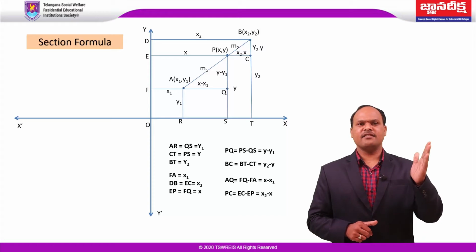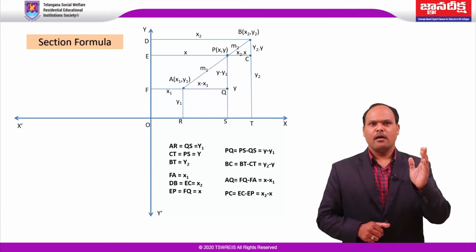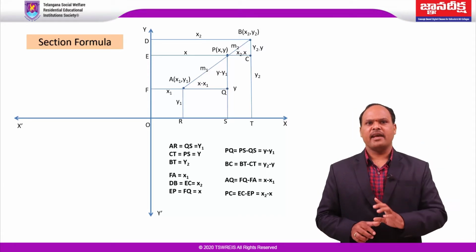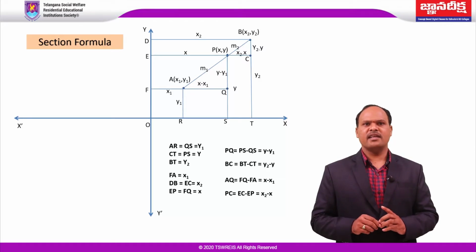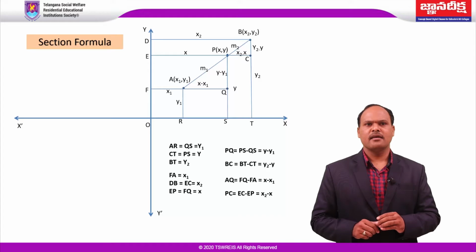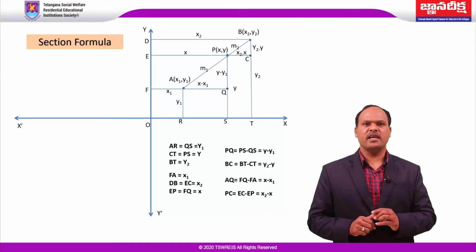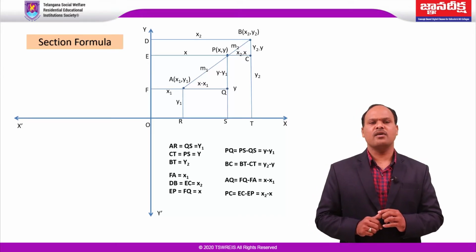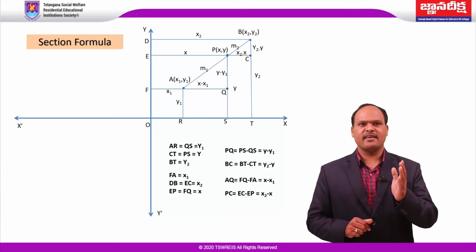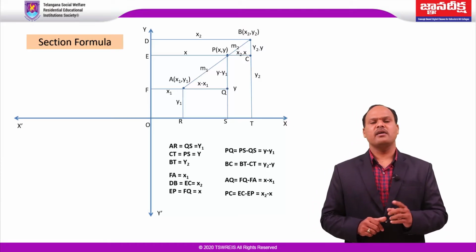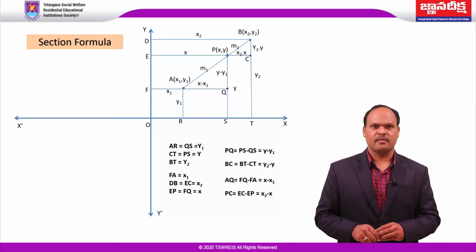Similarly, the distance from the y-axis for the point A, that is FA, is equal to x1. For the point B, the distance from the y-axis is DB, which is equal to EC, which is equal to x2. And the distance of point P from the y-axis is EP, which is equal to FQ, which is equal to x.